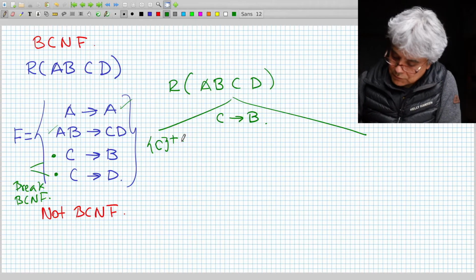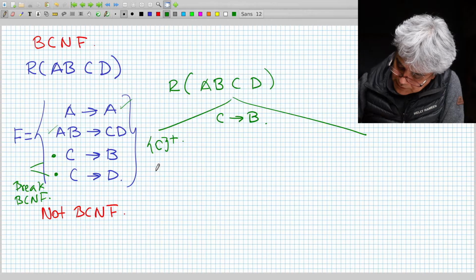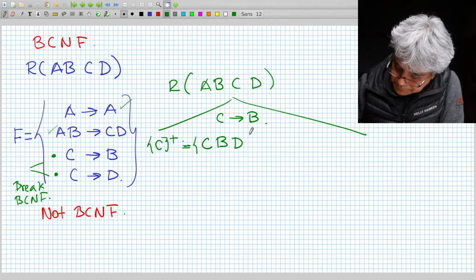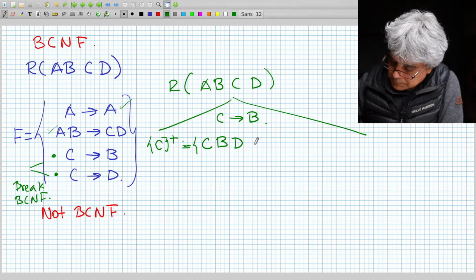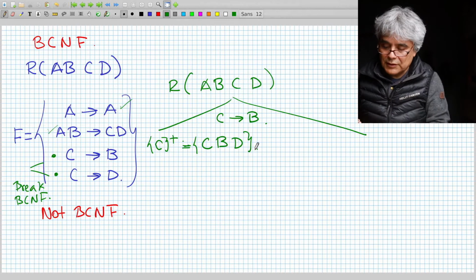What is the closure of C in these functional dependencies? Well, the closure of C is equal to C, B. Remember, these are sets of attributes, so the order doesn't matter.